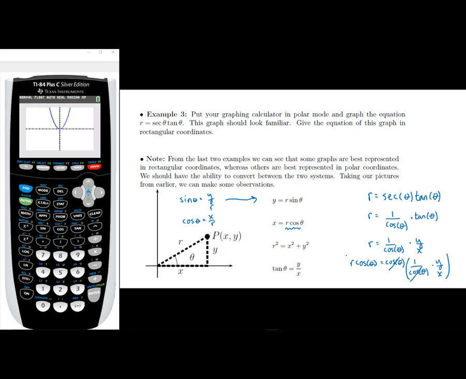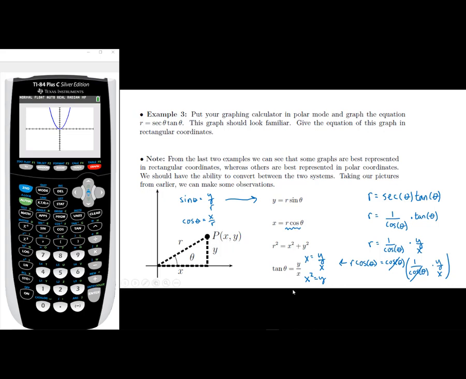Okay, and so what I'm left with here, I've run out of room, but instead of r cosine of theta, I have x, according to this formula, is equal to y over x. And then if I multiply both sides by x, I get x squared equals y.